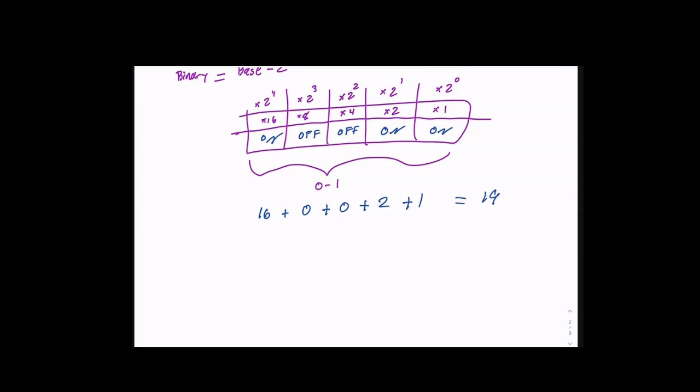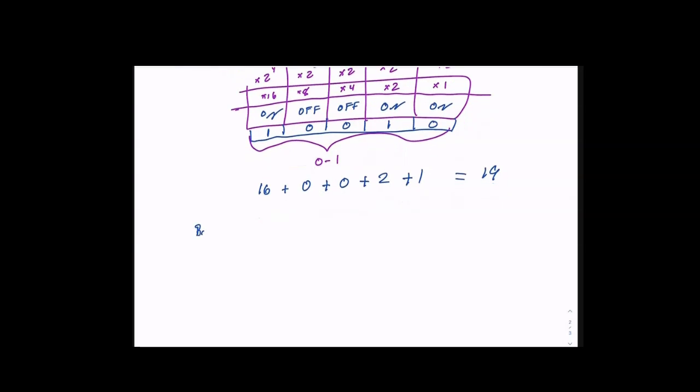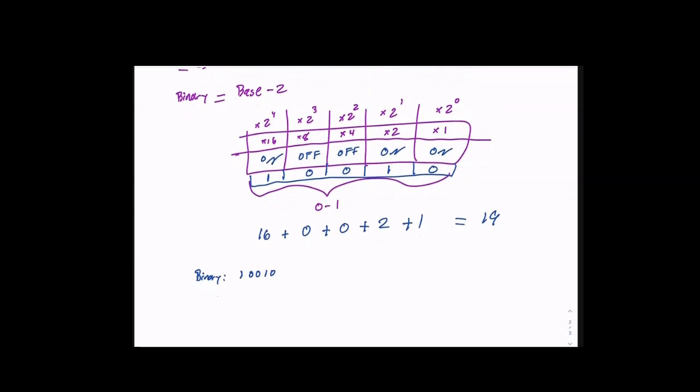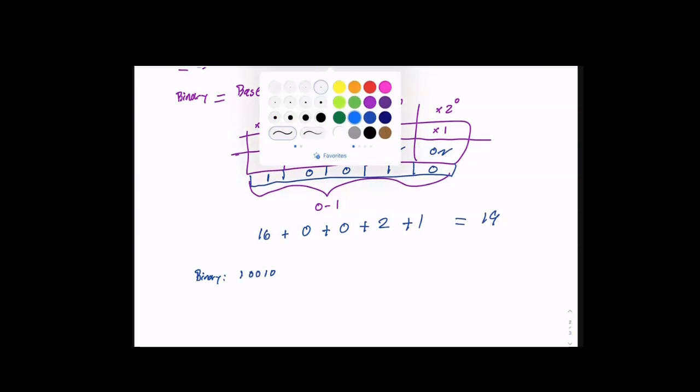19. Now, when I say on or off, what I really mean is either a 1 or a 0. So for each of these spots, we either turn it on or off. What we just learned is that the binary number 10010 refers to these switches being either on or off, and we usually denote this with a small 2 to know that we're talking about the binary number system.